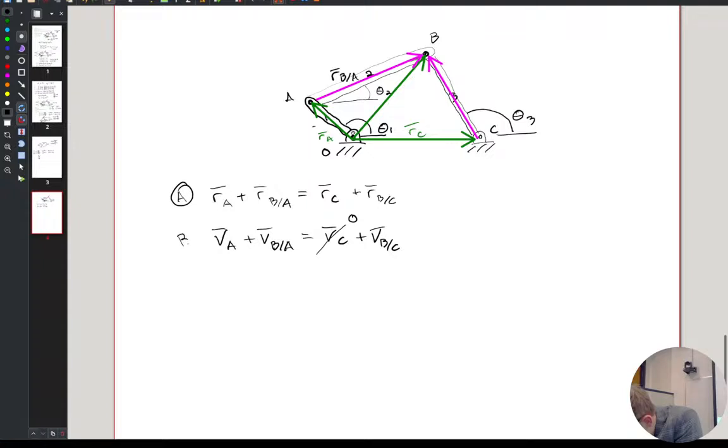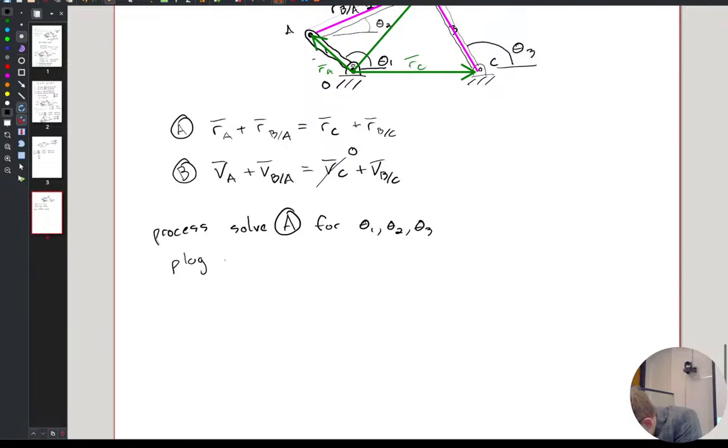So if this is A and this is B, we would have, first we solve A, figure out what the angles are, and then I can plug those into B. But we already knew where A, B, and C are, where those actual locations are. So really all we needed was the sine and cosine components of them.